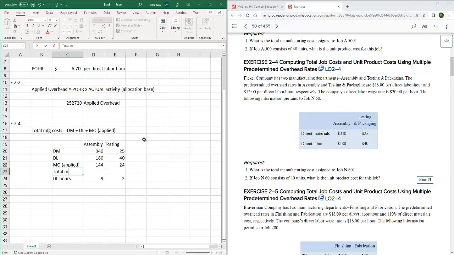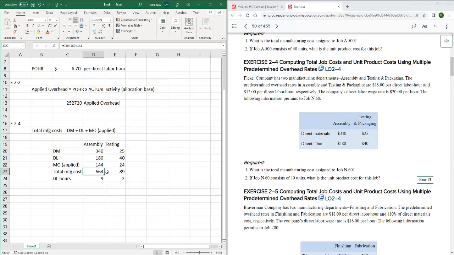So now let's see what the total manufacturing costs are per department here. I'm going to again use the numbers just to be explicit, try to avoid the cell references for these videos. Direct materials plus direct labor plus applied overhead. And then same idea here in testing: direct materials plus direct labor plus manufacturing overhead.